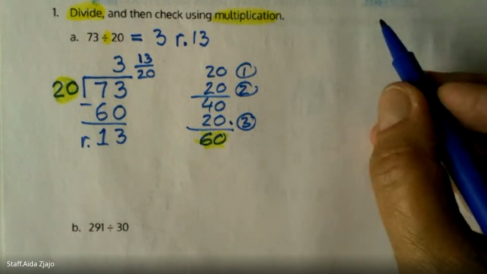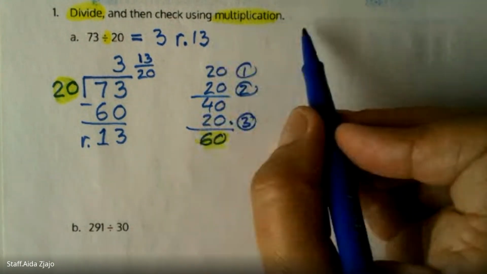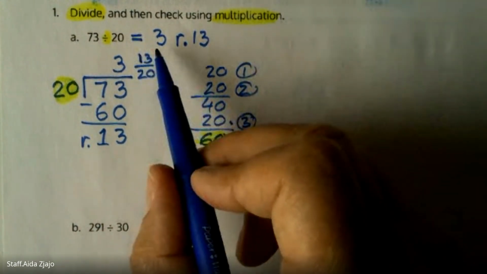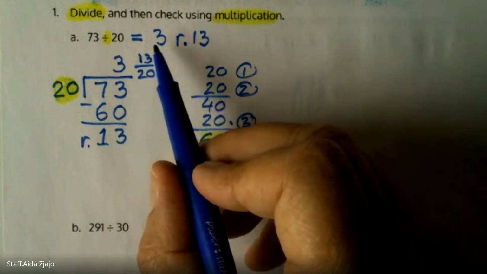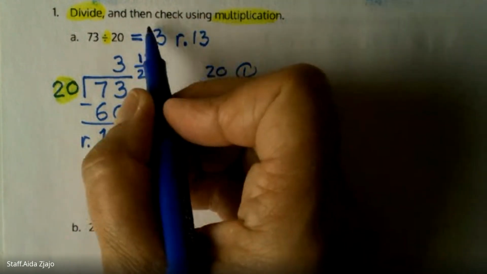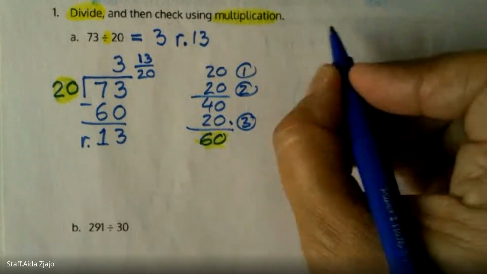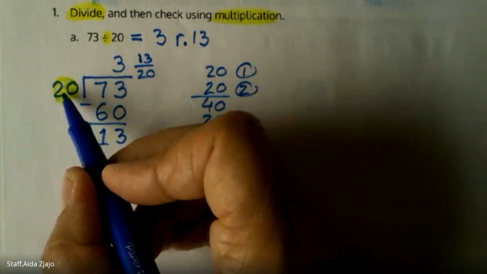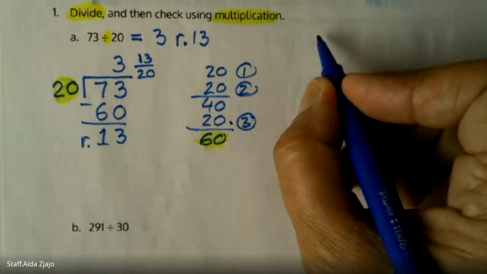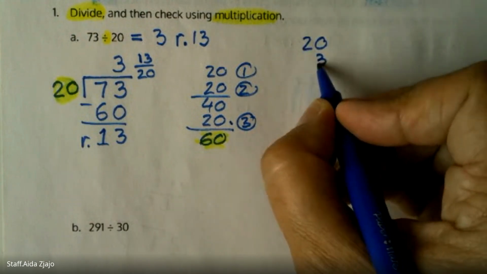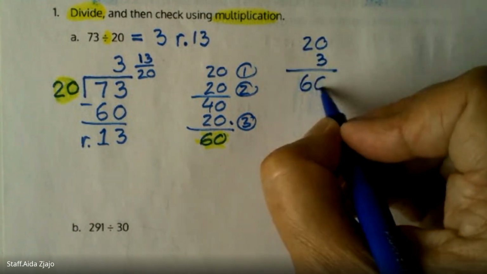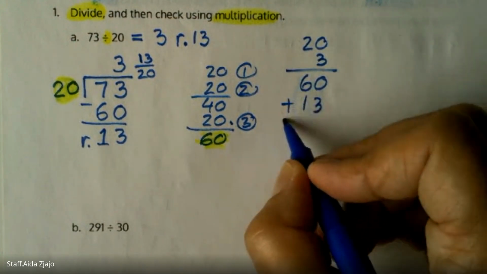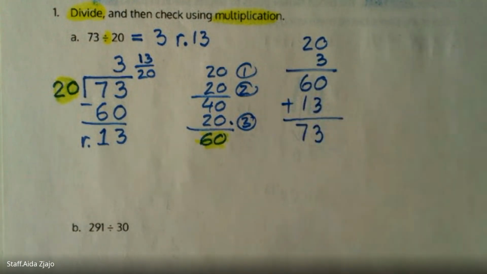The other way, they also want us to check with multiplication. So if I have three whole groups of 20, 20 times 3 is 60, and then I will add 13 to it, so that is 73.